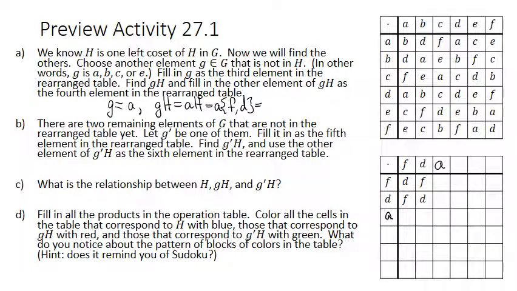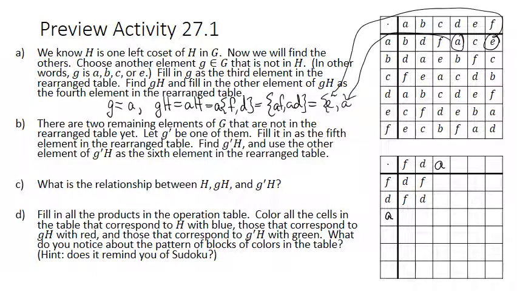This is just AF, AD. I'm just going to use the operation table to find out what those are. When I have A on the left and F on the right, that gives me E. And then A times D is going to be A. I guess I should have predicted that A would be one of these.